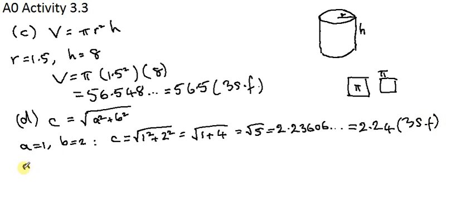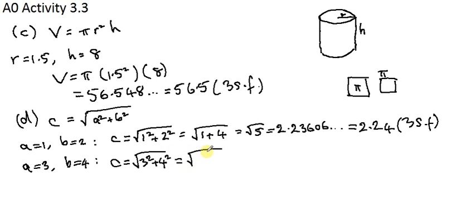And the last part of part D, we are told A is 3 and B is 4. In this particular case, I'm using the same formula, C equals square root of a squared plus b squared, but now instead of a squared, I write 3 squared, plus, instead of b squared, I write 4 squared.